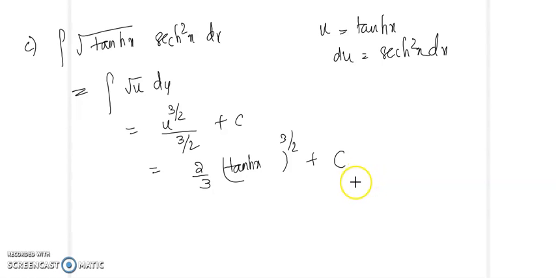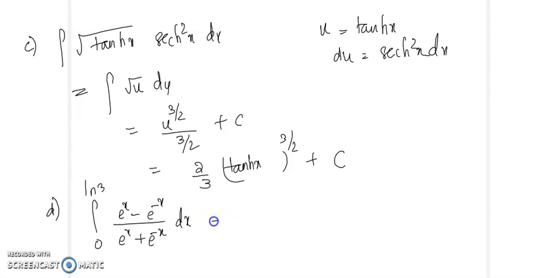And similarly you can find the definite integrals also. So if you have the integral from 0 to ln 3 of e raised to x minus e raised to minus x by e raised to x plus e raised to minus x dx, this is tanh x dx.